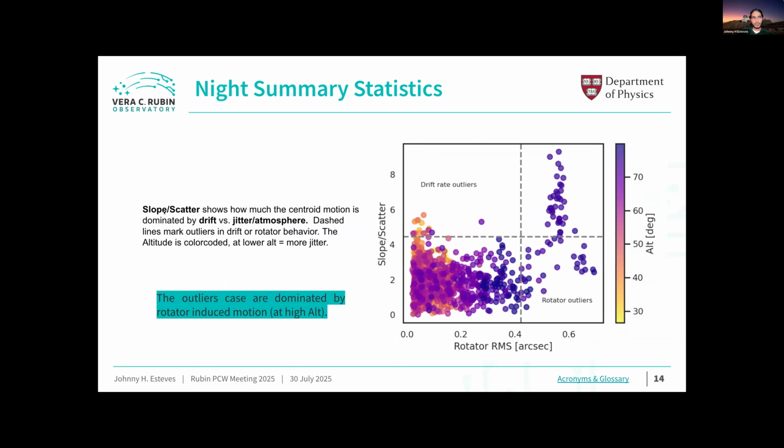So we can see which exposures are dominated by the drift and which are dominated by the atmosphere. And we can see that the drift rate outliers are dominated by high elevation and high rotator mean square error values. So this could be related to the rotator. More to be investigated. This is still a very preliminary plot, so let's see.